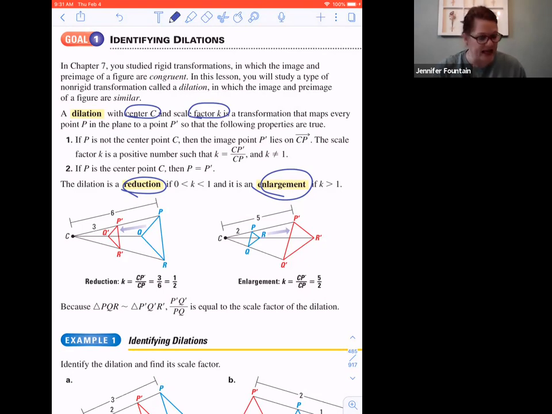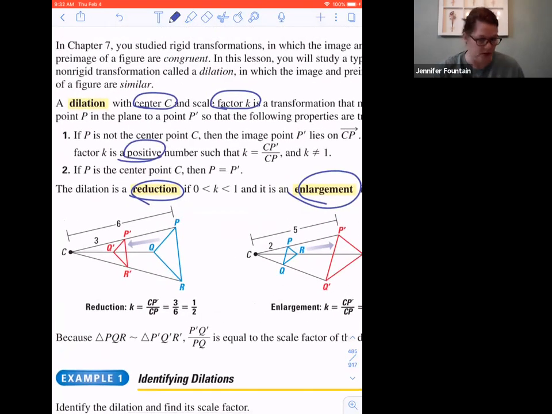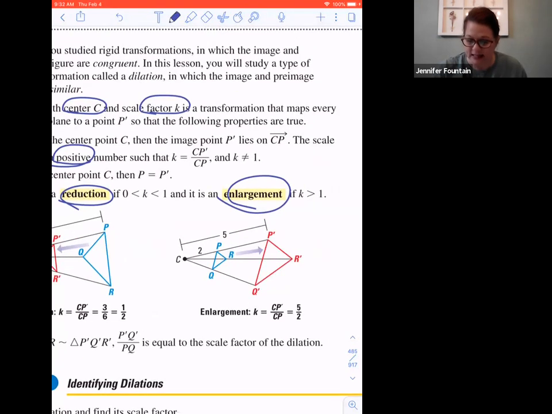The scale factor K is a positive number such that K equals CP prime over CP, and K cannot equal 1. So that's the last blank of number 1: K equals CP prime over CP, and K does not equal 1.